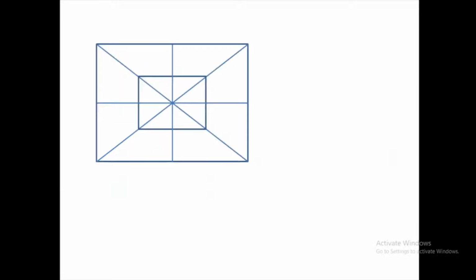Let's look at a similar type of figure. In this figure, we will count the small triangles of the two rectangles one after another. Let's take the bigger rectangle first. So the small triangles are 1, 2, 3, 4, 5, 6, 7, 8. 8 small triangles in the bigger rectangle.